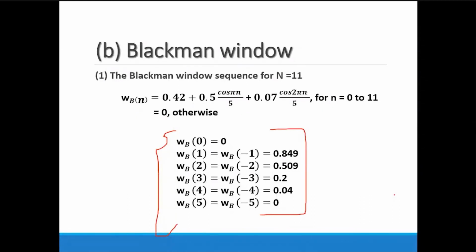I suggest all of you to please go for the solution of this example, and as you are getting the answer, please share it with me.